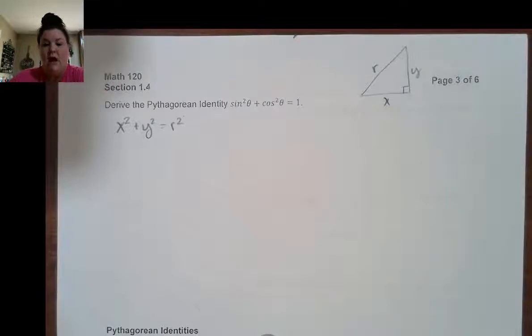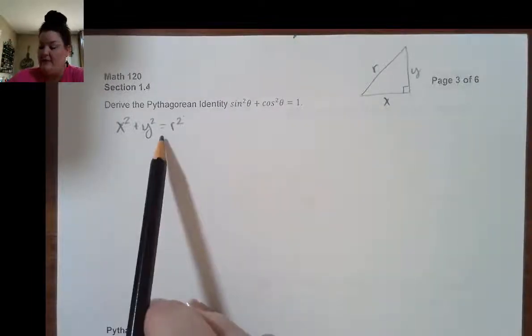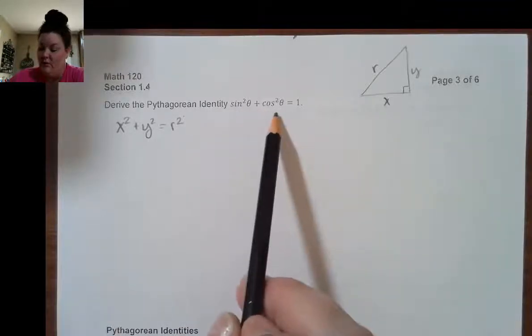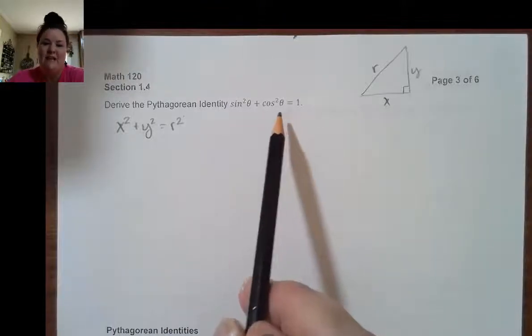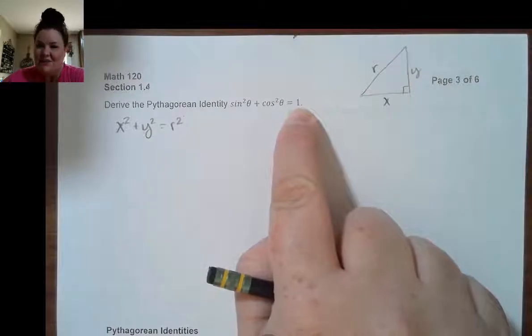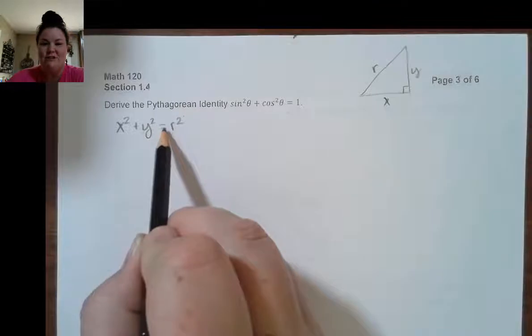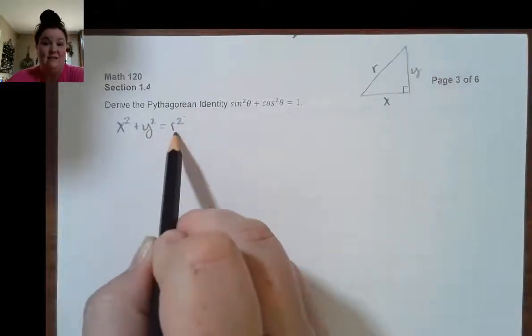So what I'm hoping to do is, from this identity, get to this identity. So if I'm looking at what I have and what I want to get to, the first thing I see is that I have a 1 over here. I like the idea of working towards a 1 because I can easily make this side of the equation equal 1 if I just divide by r squared.